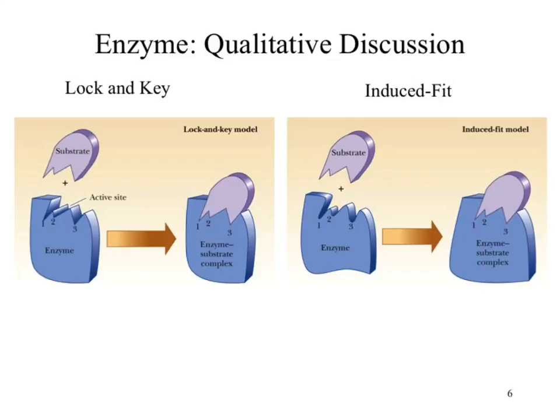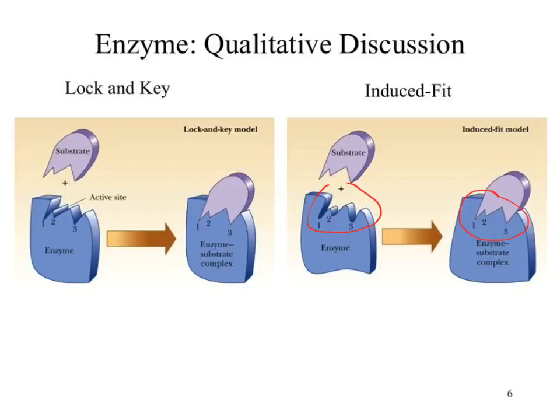The other model is this induced fit. So what ends up happening is that the substrate comes in and binds, and then the enzyme changes its shape to accommodate the substrate. So if we look now at the enzyme's kind of pattern, you'll notice that all those edges now have changed oh so much and are now rounded versus the jagged result that they need to be to match the substrate.